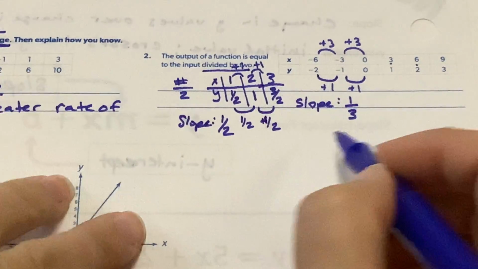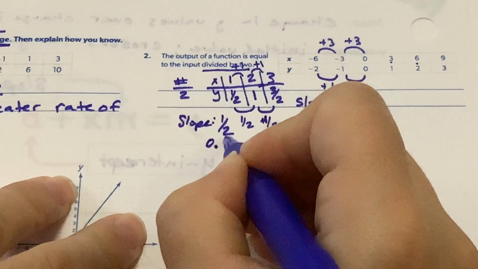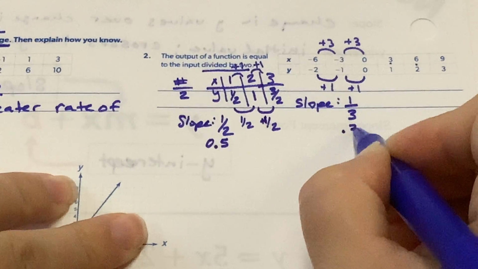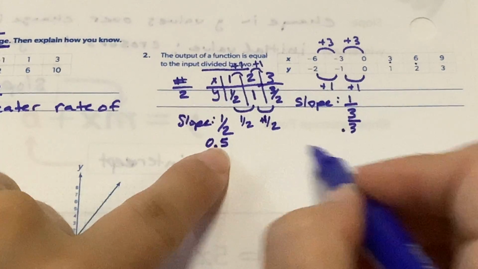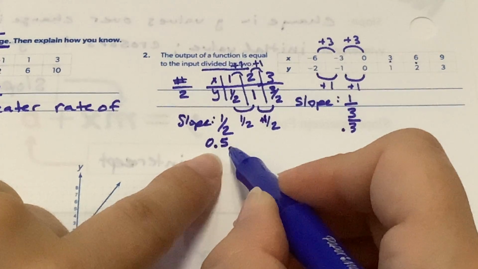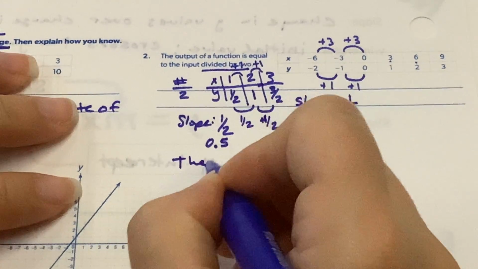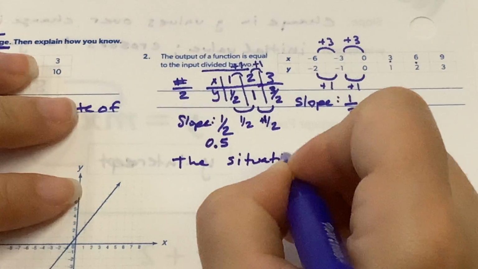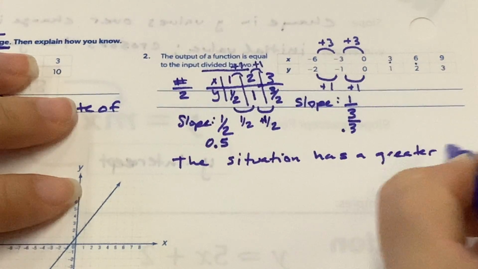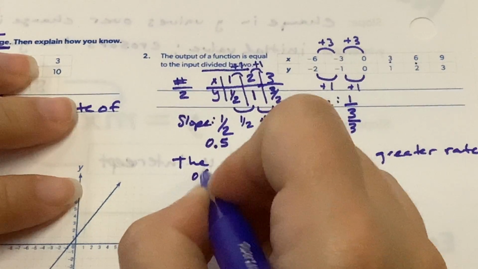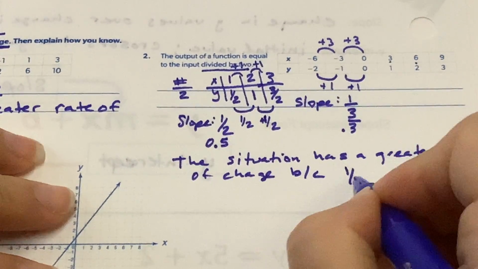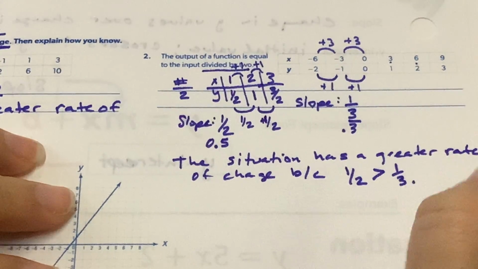What is 1/2 as a decimal? 0.5. What is 1/3 as a decimal? 0.3 repeating, right? Which one's greater, 50 cents or 33 cents? 50 cents is bigger, so the half is bigger. So in this case, the situation has a greater rate of change because 1/2 is greater than 1/3.